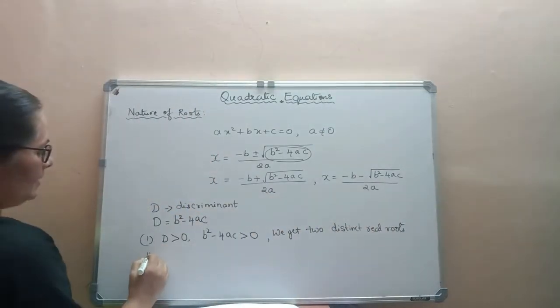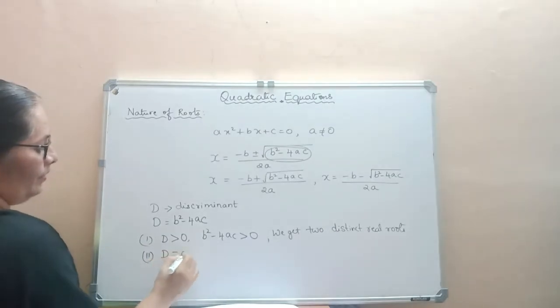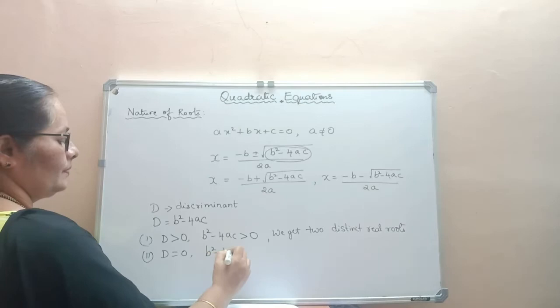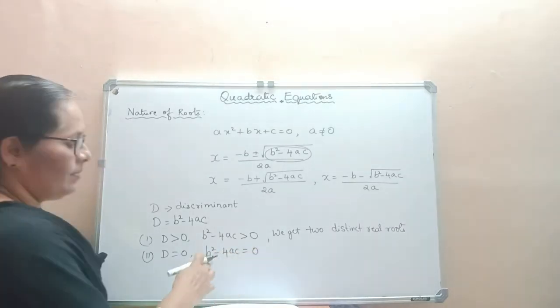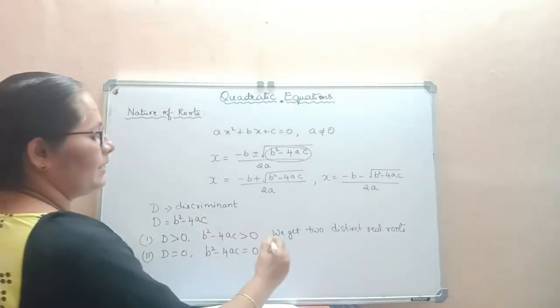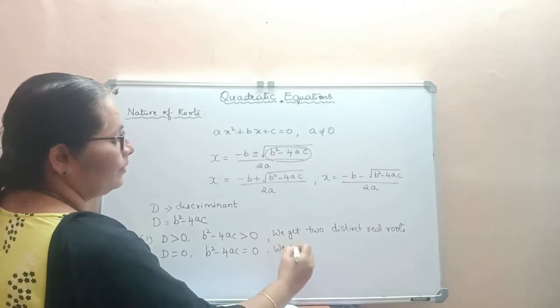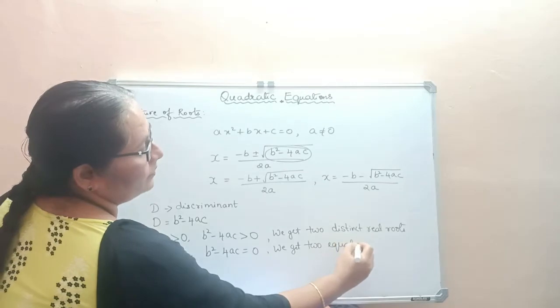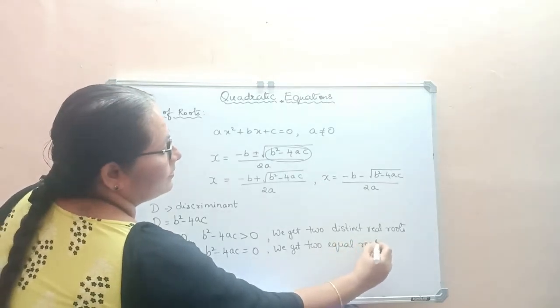When the discriminant is equal to 0, that is b square minus 4ac is equal to 0, then we get two equal roots.